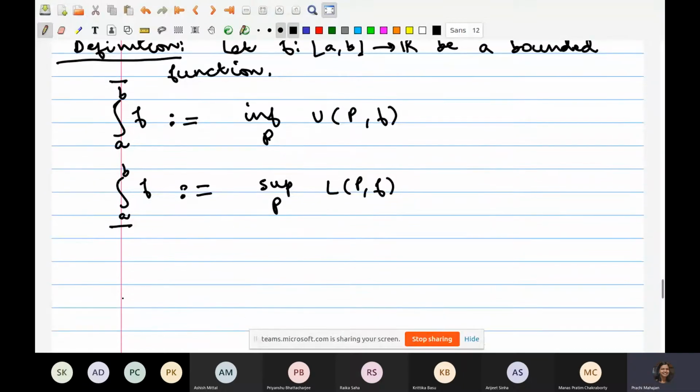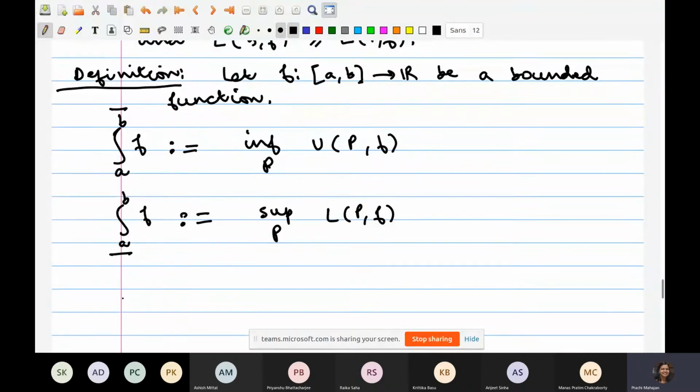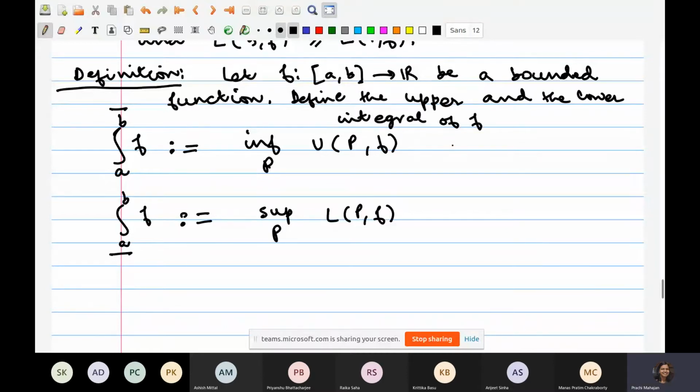So why are they defined and things like that? We will address in a moment. But let me say the following. Define the upper and the lower Riemann integral of f over the interval AB in the following manner.